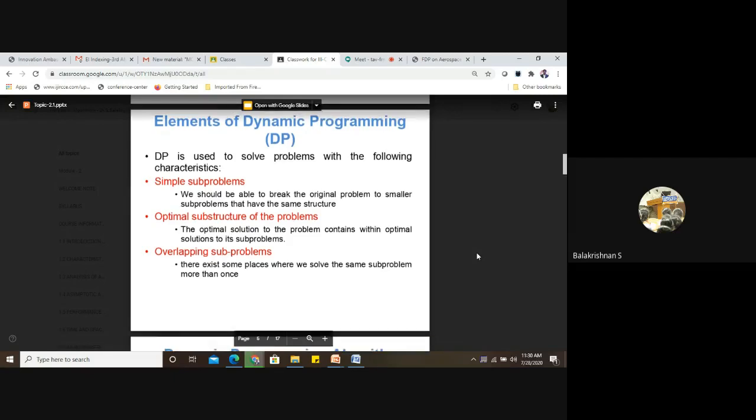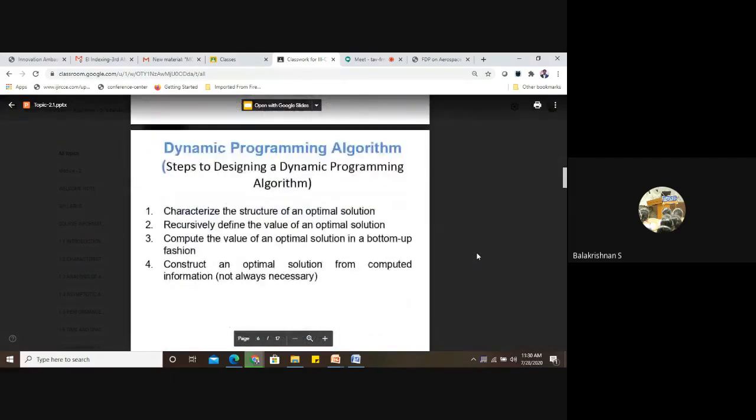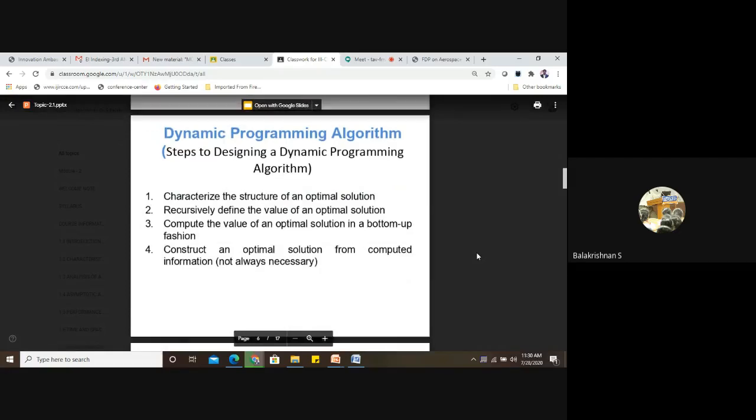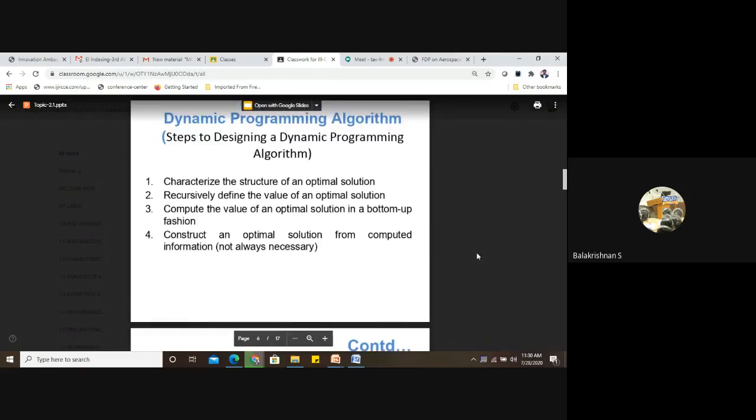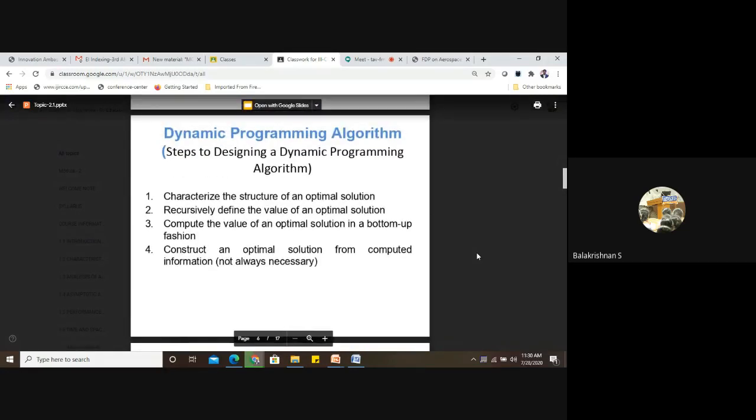So what are the steps to be followed while designing or using a dynamic programming algorithm? Four important steps are needed. First step, characterize the structure of an optimal solution. First we have to characterize whether the optimal solution is a maximum or minimum. Second, based on that, we have to rigorously define the value of an optimal solution.